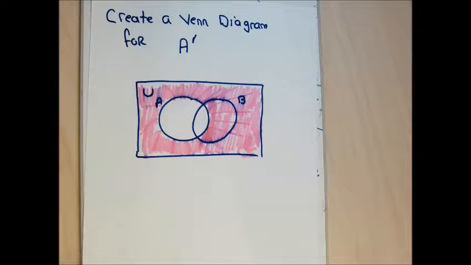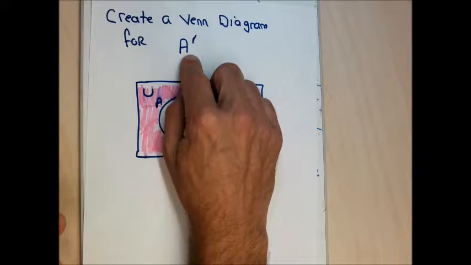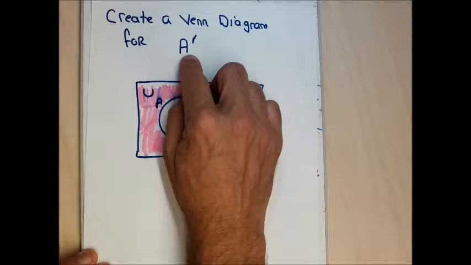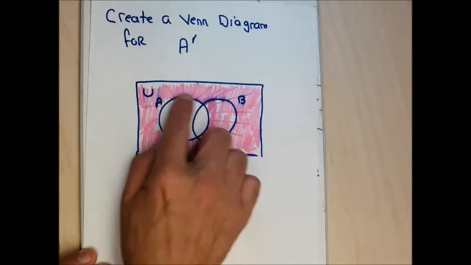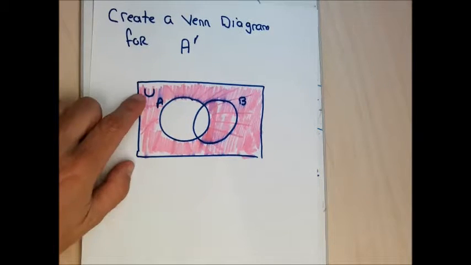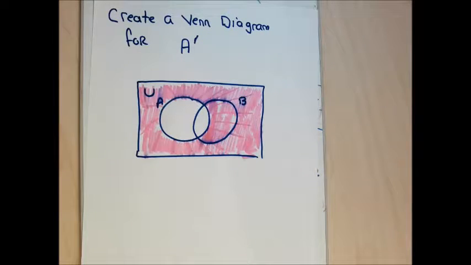So pictorially, or by definition, A complement is all the elements in the universal set that aren't part of set A. This is how that's represented pictorially. Set A is left blank, and everything outside set A is shaded. So this is shading everything inside the universe that isn't part of set A, and pictorially that's what A complement looks like.